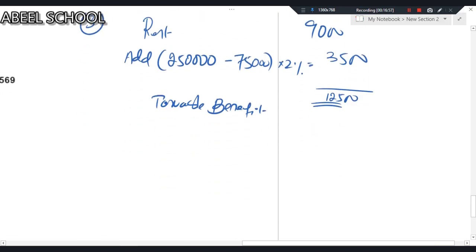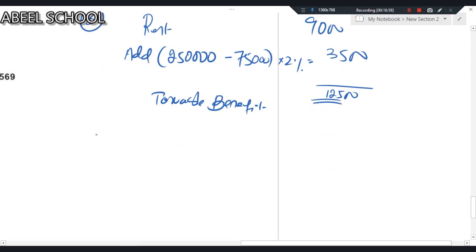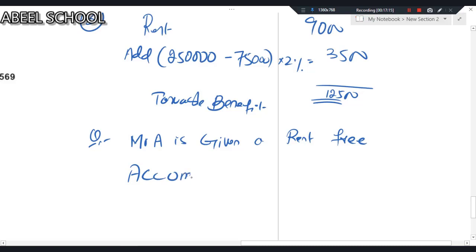Okay, let me give you another example on this accommodation benefit. For example, let's say Mr. A is given a rent-free accommodation, obviously for living, on 30th September 2022.